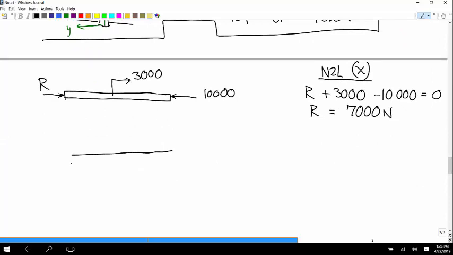And so a free body diagram of the whole thing looks like this. We have the 7,000, the 3,000, and the 10,000. And now we want to calculate the internal loads on those two pieces, right?